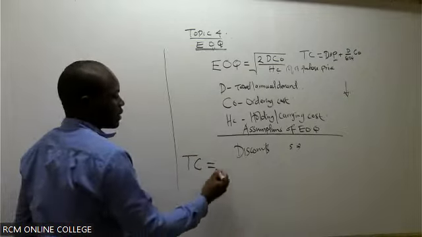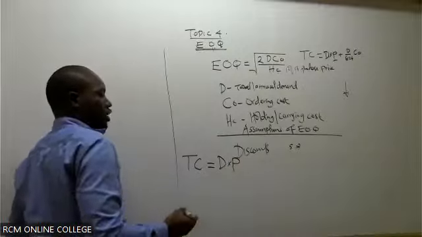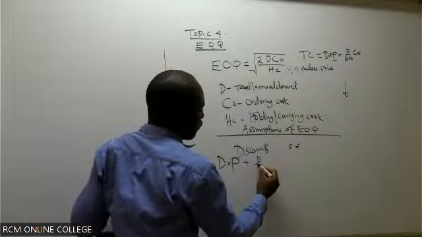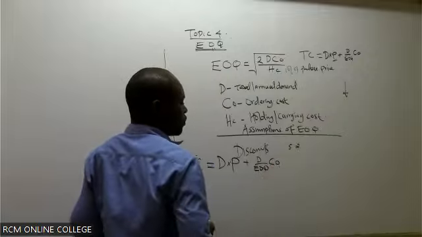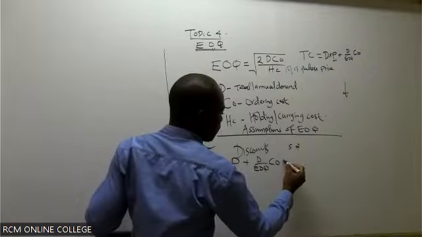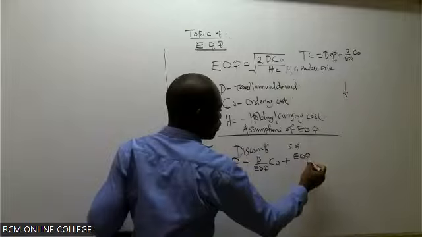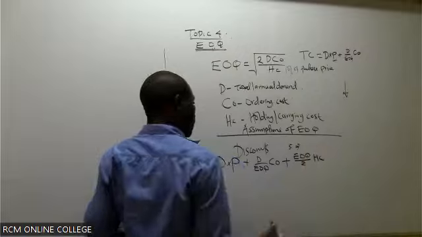is calculated as demand multiplied by purchase price, which will not change. Then to that we add demand divided by economic order quantity to give us the number of orders, then you multiply by ordering cost for each order. To that we add economic order quantity divided by 2, then we multiply by holding cost.